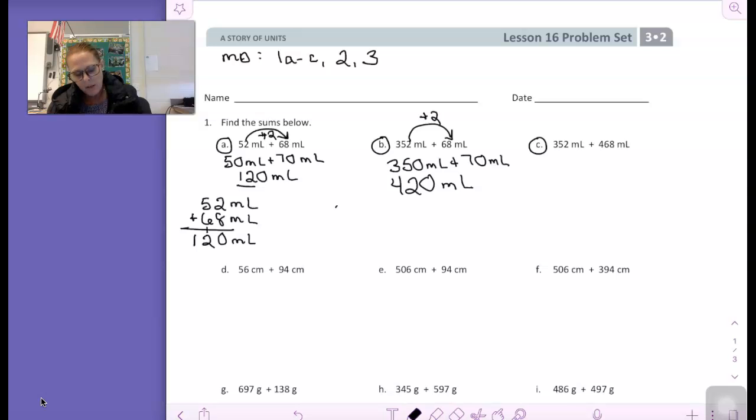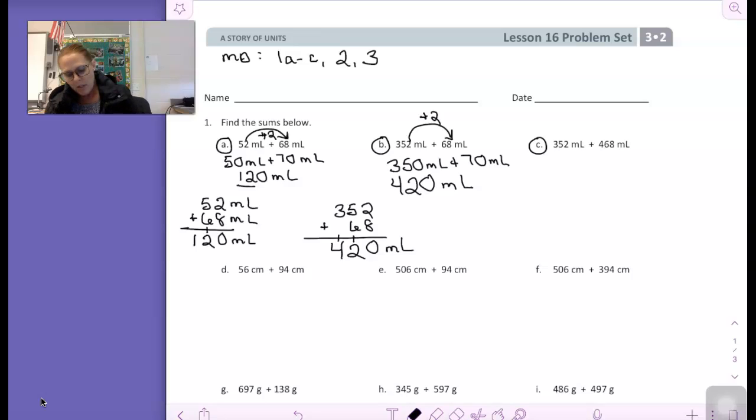Of course, you can do the standard algorithm, 352 plus 68. 2 plus 8 is 10. 5 tens plus 6 tens plus 1 10 is 12 tens. And 300 plus 100 is 400. So again, we get the same answer.